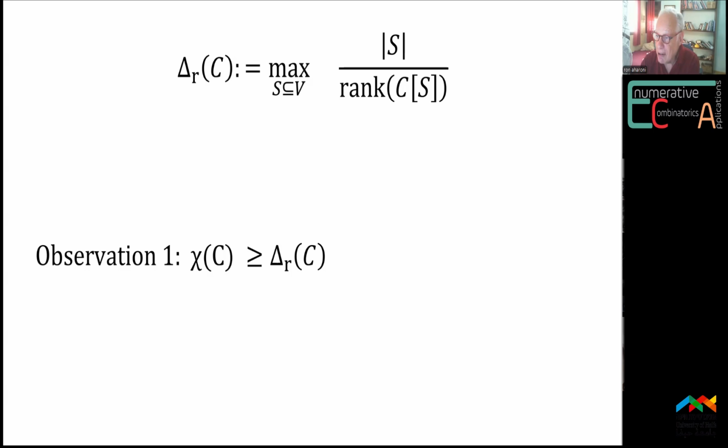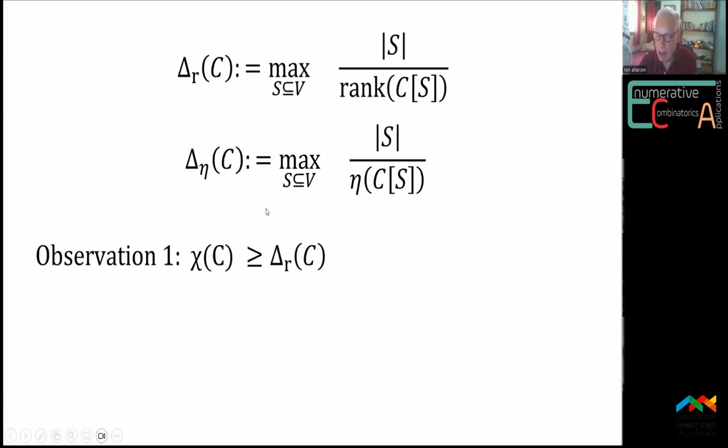So chi is at least delta R, okay? And as I told you, rank should really be replaced by eta. So this is really the right definition, delta eta. Delta eta is the same, but size replaced by eta.